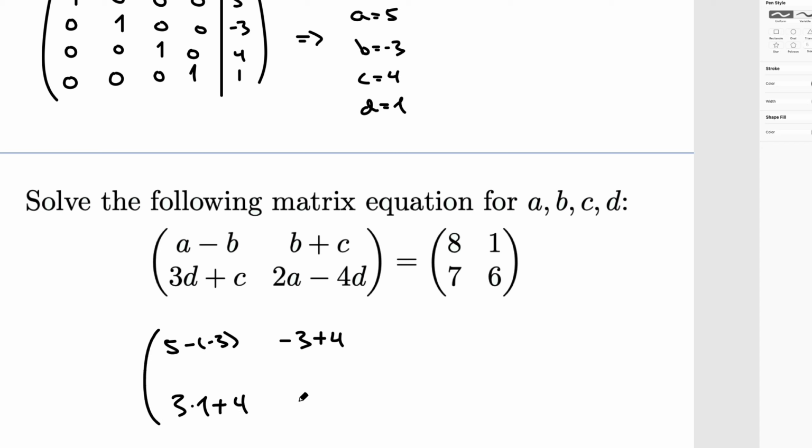We have a 7 here. And finally, 2 times A minus 4 times D. So this is 10 plus... Wait, do I have a mistake at this point? Oh, you see, it's a negative over here. So, yeah, negative. So 10 minus 4 is 6, and the solution is correct.